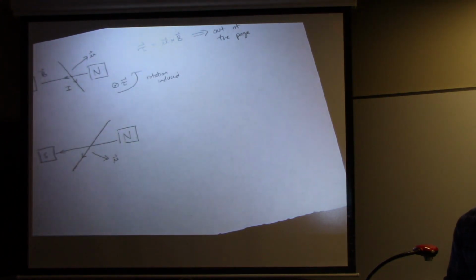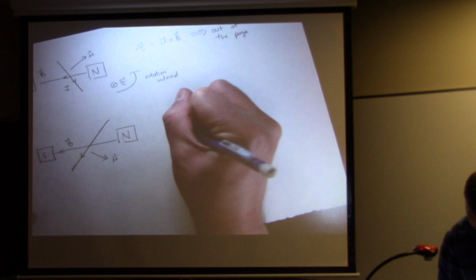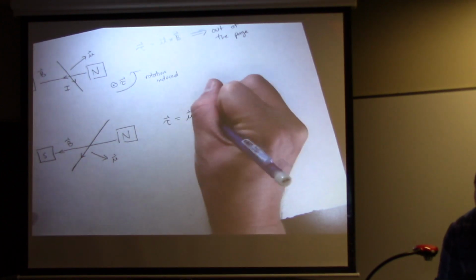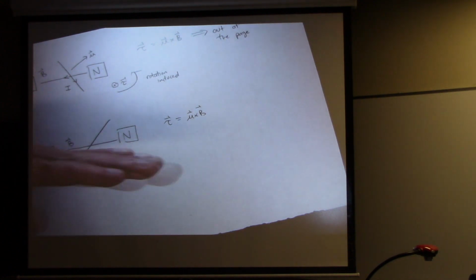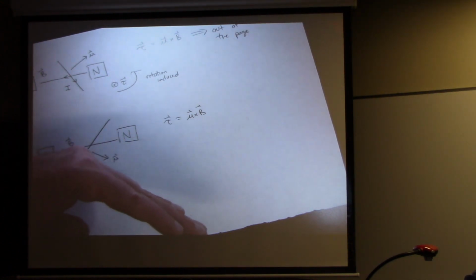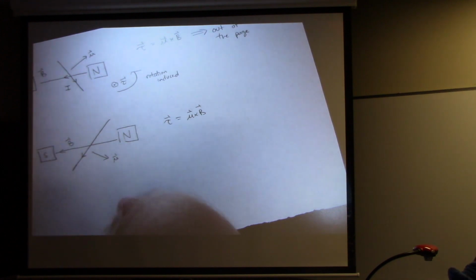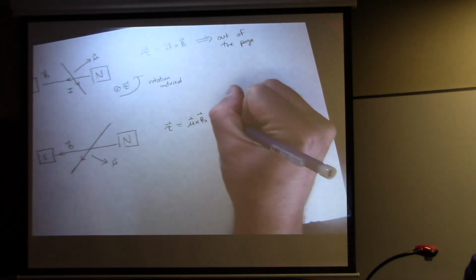Again, that's a problem because if we calculate the torque now, it's going to be mu cross B. What direction is my torque in at this point? Well, if I take my fingers on my right hand and I point them in the direction of mu, and then in order to curl them in the direction of B, my thumb is now going to be pointing down into the page.